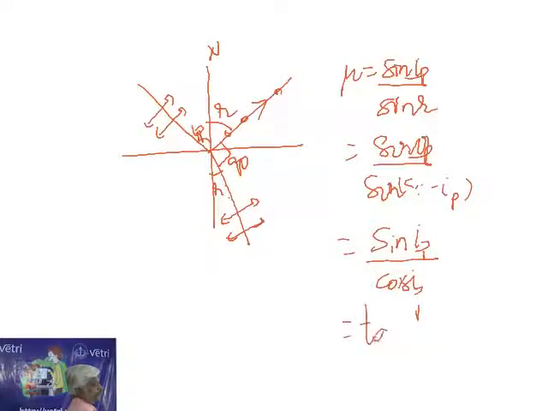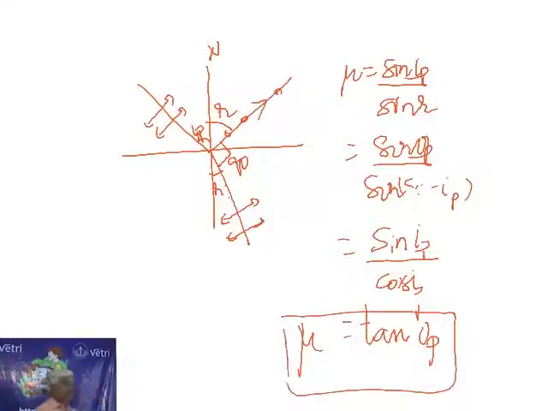That is equal to tan IP. Therefore, mu is equal to tan IP. This law is called Brewster's law. The tangent of angle of polarization is numerically equal to the refractive index. Once we know IP, mu can be calculated. Once we know mu, IP can also be calculated. This law is actually called Brewster's law.